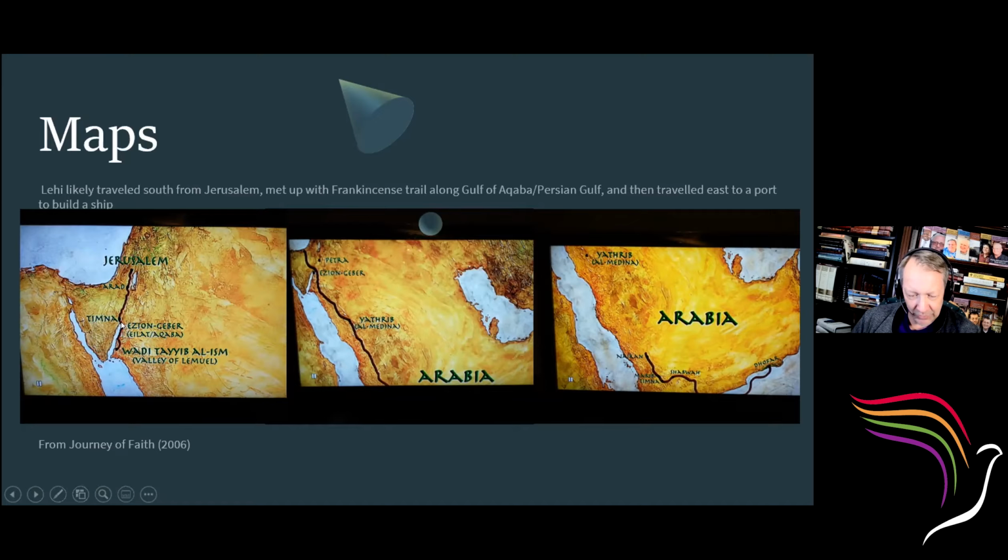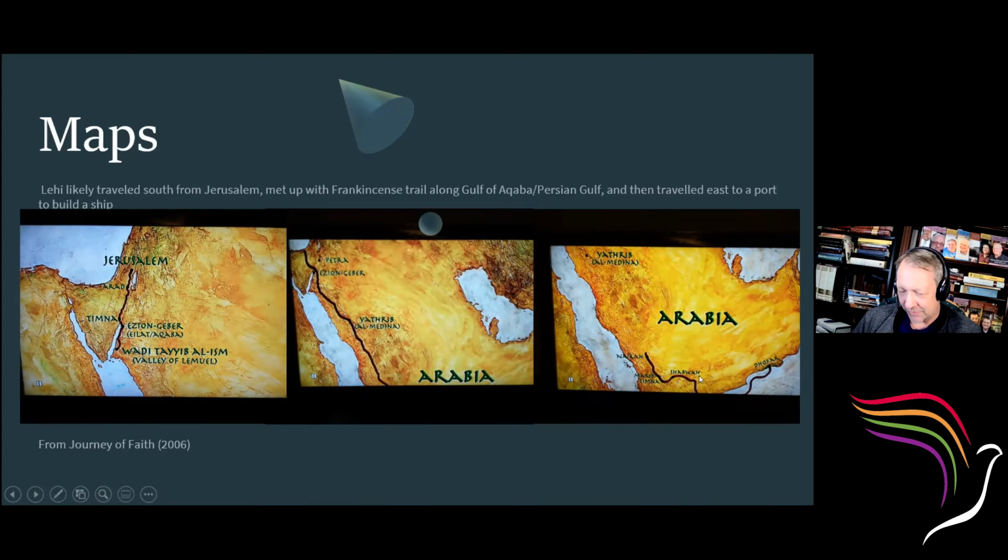That's where they probably joined up with the Frankincense Trail. If you look at the middle map, you can see that the Frankincense Trail goes into the Sinai Peninsula, but that's really where Lehi and his family probably joined it into Arabia, and then took a left turn on that third map at the bottom, and headed onward.